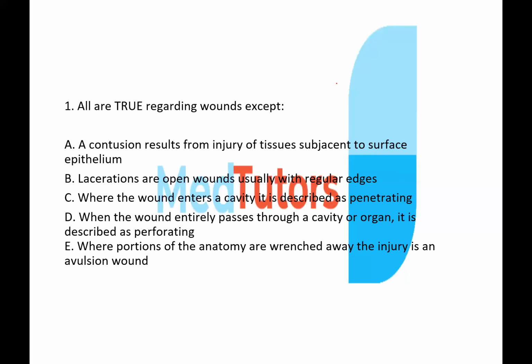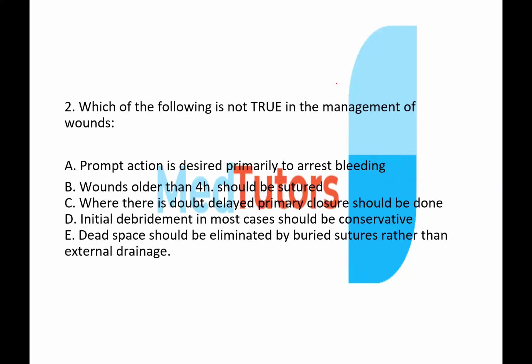Which of the following is not true in the management of wounds? That is, which is false? A, prompt action is described primarily to arrest bleeding. B, wounds older than 4 hours should be sutured.